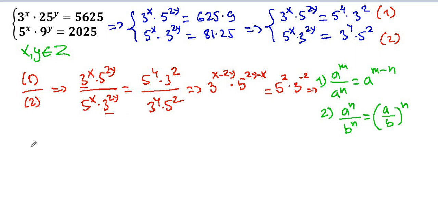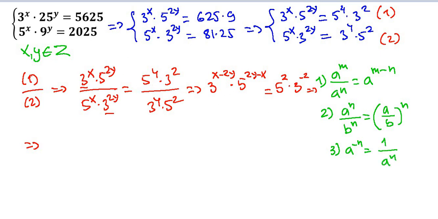Now by the way, let me show another formula. We know that a to the power of minus n is equal to, to make this negative power positive, I have to divide 1 by a to the power of n.